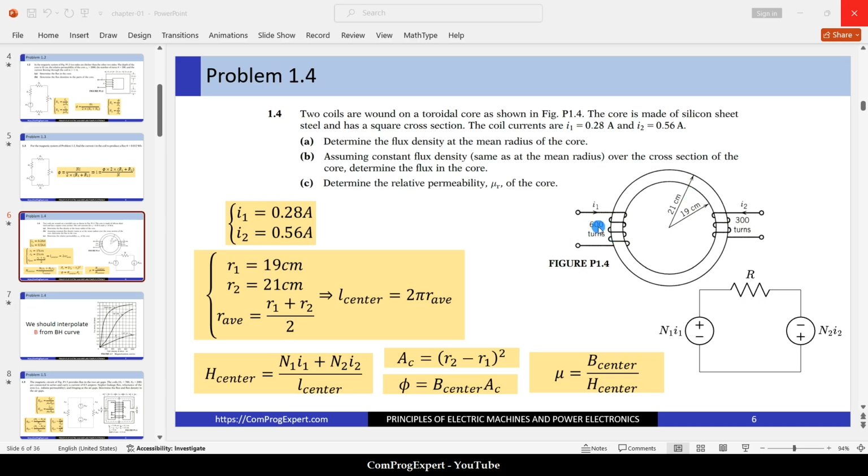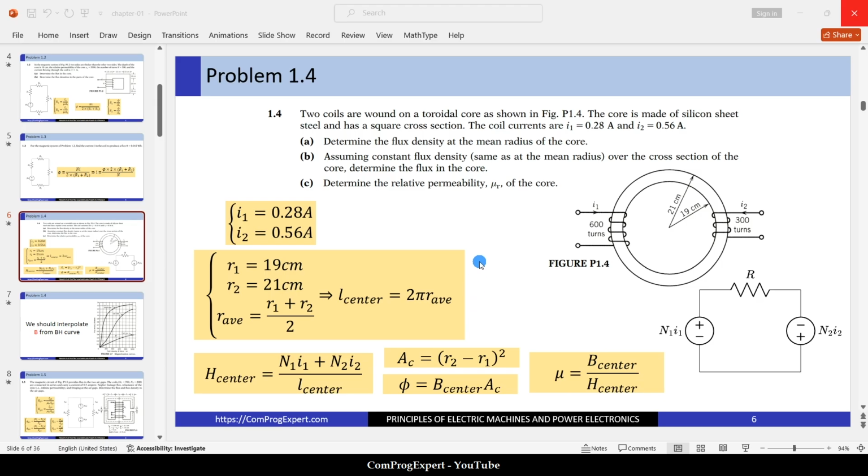The number of turns for coil 1 is 600 and for coil 2 is 300. So how can we calculate B, the flux density at the mean radius? Using the Ampere law, we can calculate H and then we can calculate the B.